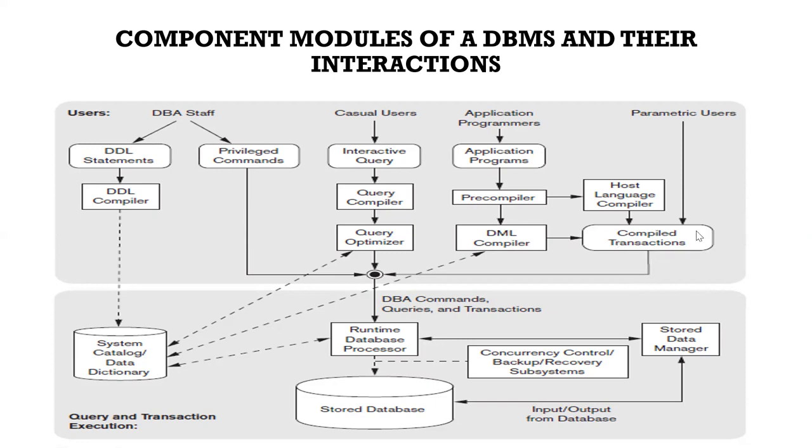Then it will be sent as compiled transactions. The compiled transactions will be combined with the operations of the casual users as well as the DBA staff, and combined, they will be given to the runtime database processor. So the entire operation of the runtime database processor is mentioned with the DBA commands, queries, and transactions.